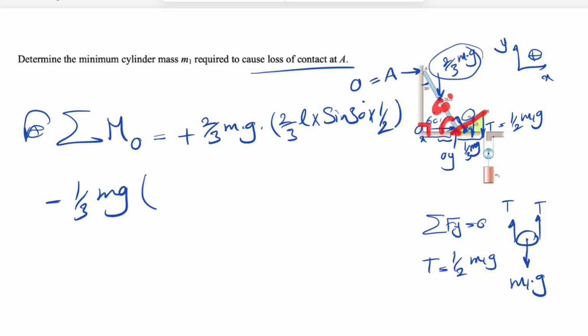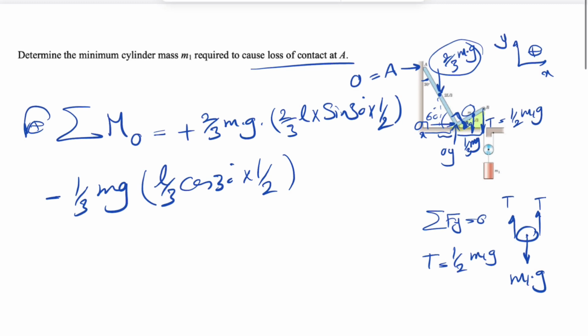So we have a right angle in here. And if you look at this green right triangle, this angle would also be 30 degrees, because 180 minus 60 plus 90 gives 30. So we're going to have L/3 cosine of 30 degrees divided by 2, since the center of gravity would be at the center of that.